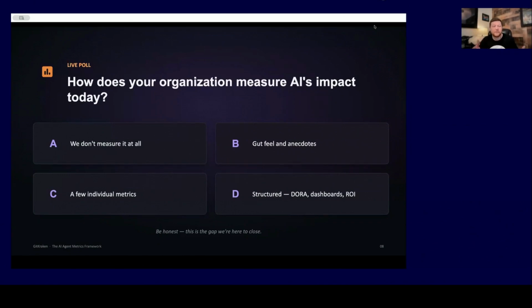Third is a few individual metrics. And fourth is structured DORA dashboards and ROI. All right, we are seeing some live poll results rolling in here. Okay, so really interesting so far. It looks like number one is a few individual metrics.